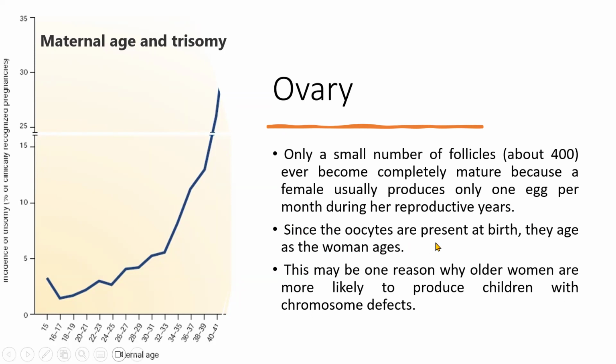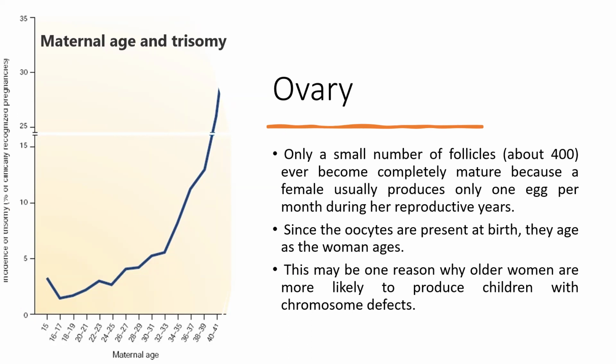And since all the oocytes are present at birth, they age as the woman ages as well. You can see in this graph the incidence of trisomy, and this is something we talked about last semester. Trisomy is when the chromosomes fail to separate during meiosis. We call that non-disjunction, right? Then it causes the egg to have an extra chromosome.